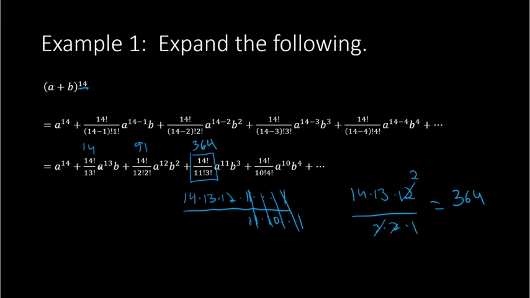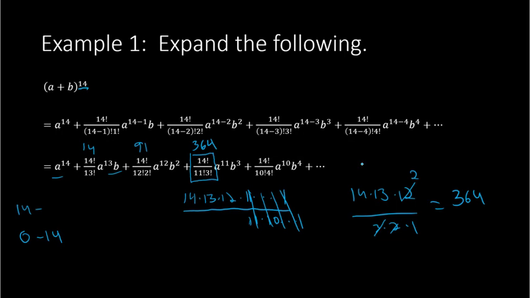And if you think through how the variables work, if you look at the b's, for example, this first term has 0 b's, then we have 1 b, 2 b's, 3 b's, 4 b's, and at the end it's going to have 14 b's. So the b's go from 0 to 14 for the exponents. Even for the a's, we start with 14 and go all the way to 0.